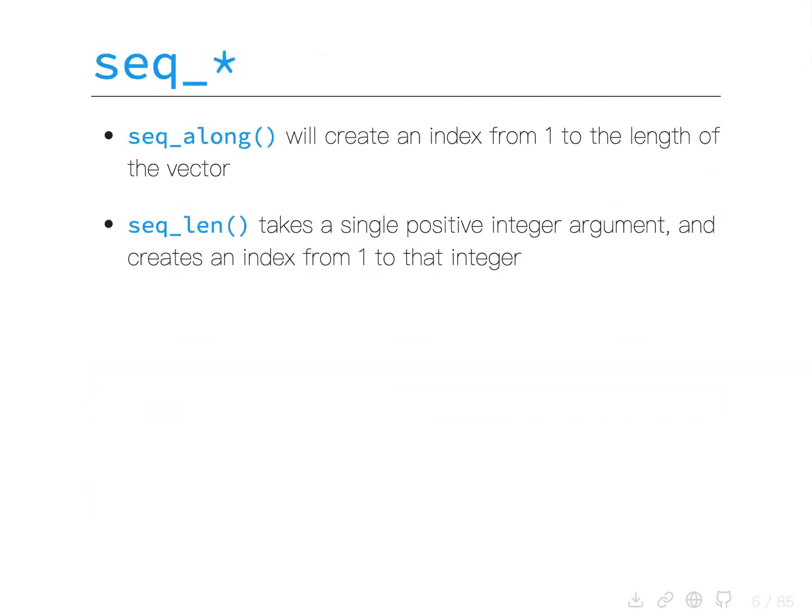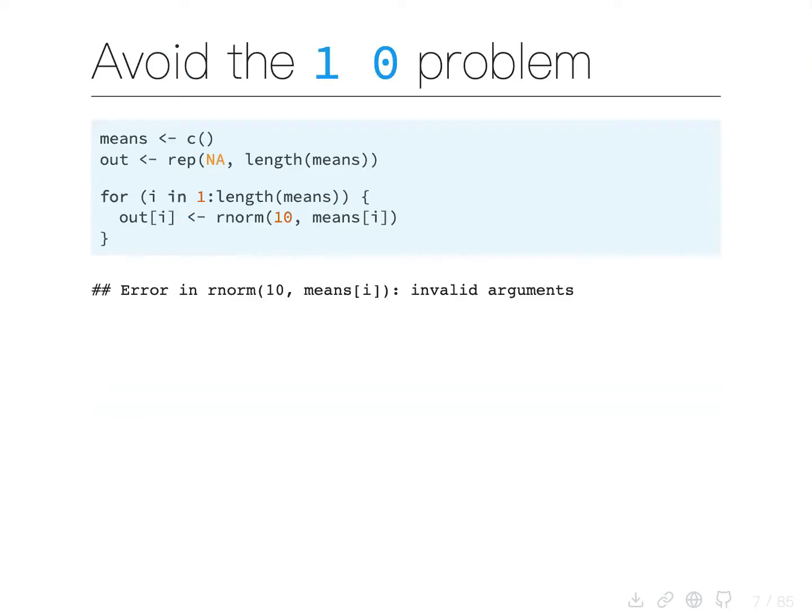So why am I advocating for these instead of that 1 colon calculation? Again, not the biggest deal, but it is going to help you write cleaner code that's less buggy, because we can end up with things like this. Here I have some empty vector, which I'm calling means. Means is of length 0.